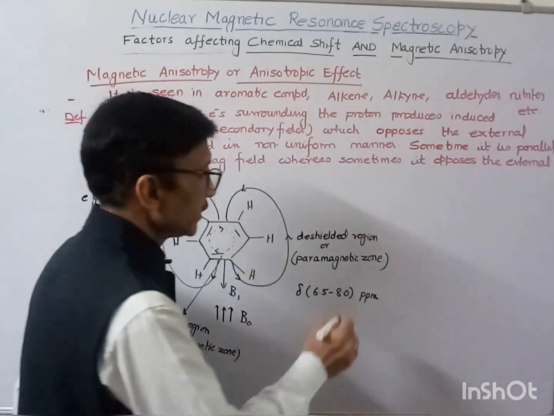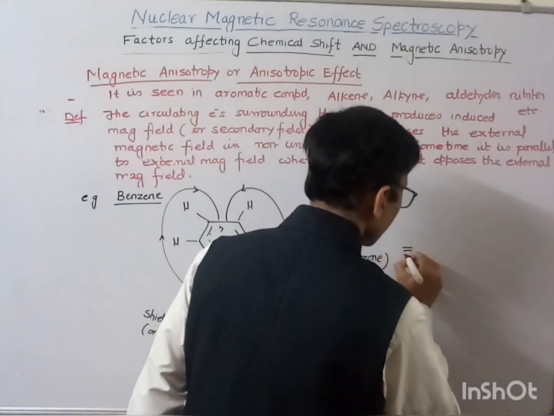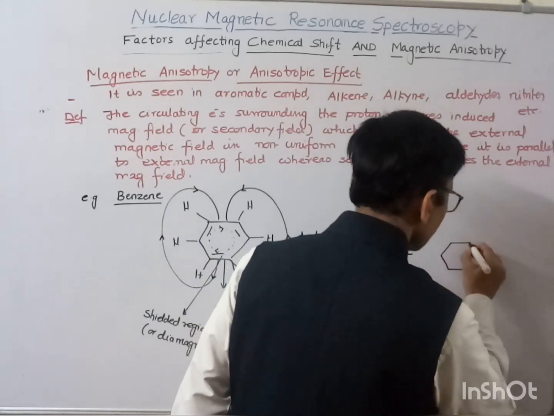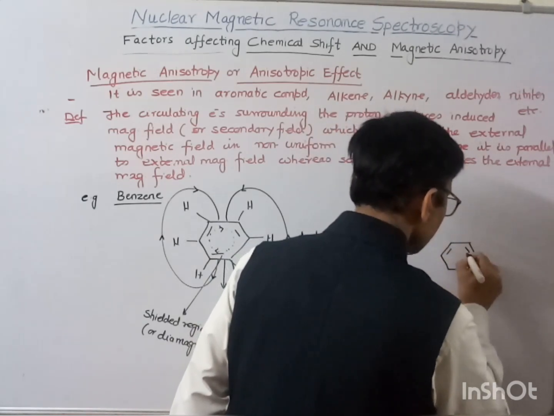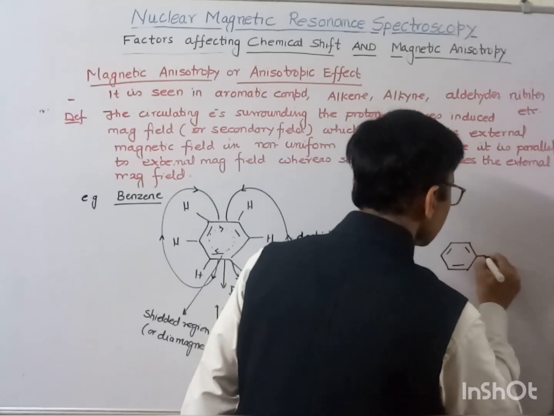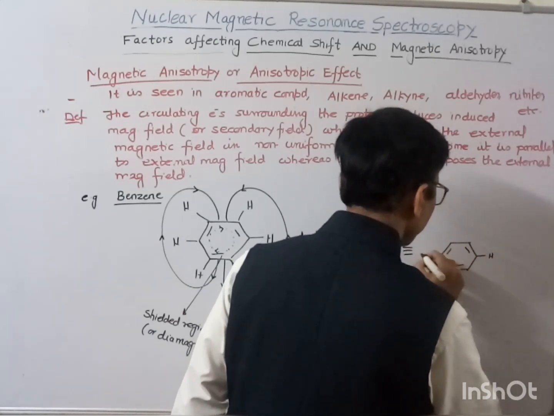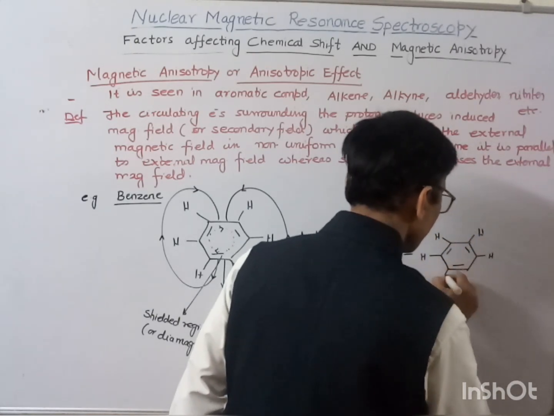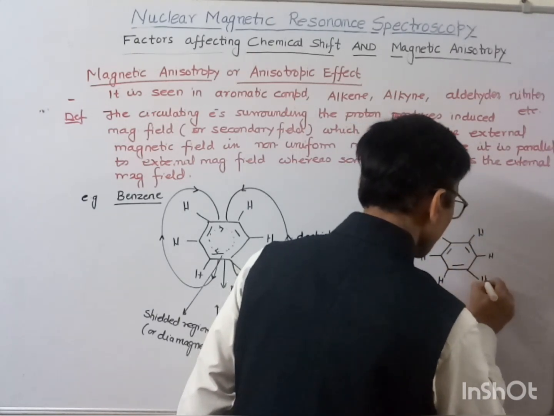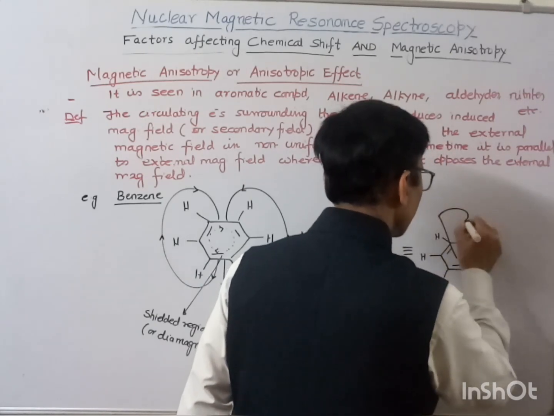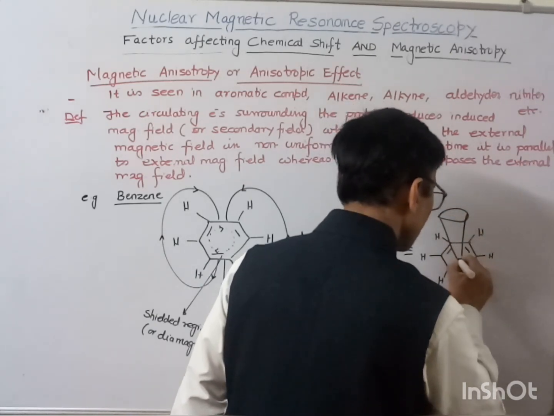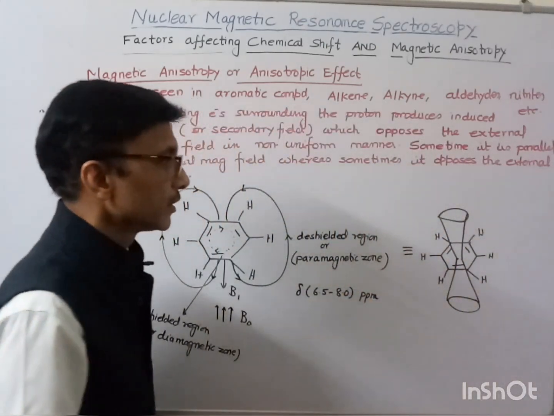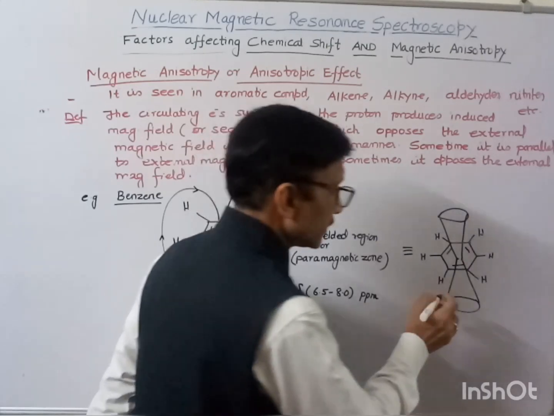We may show it in another way, in terms of a cone. Suppose this is the benzene ring and these are the protons. We show it in terms of this cone like this.